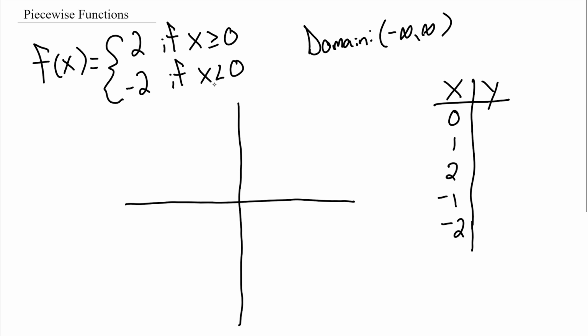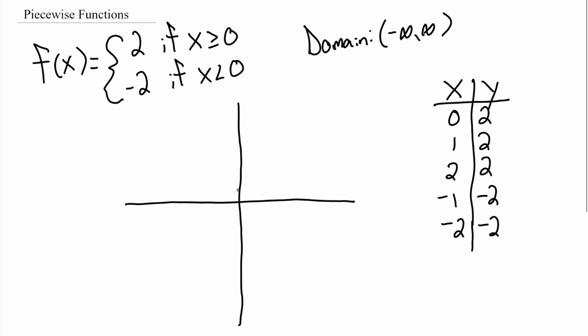And any point that is less than 0 will fall under the second part of the function, and it will be negative 2. So 0 itself falls under the first part, so this output is going to be 2, and same with 1 and 2. Negative 1 and negative 2 are less than 0, so they're going to follow the second part of the function, so it's going to be negative 2.